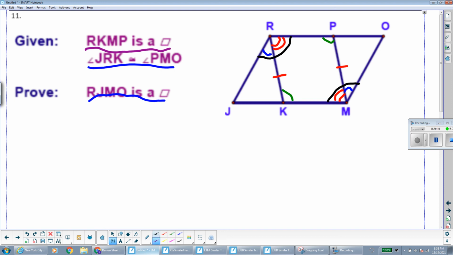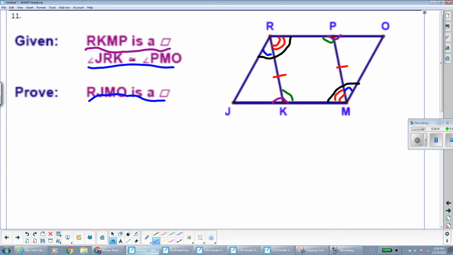I also know that this green angle here and the angle right next to it, angle RKJ, are supplementary to each other. Together they make 180 degrees, they form a straight angle. And I know over here that this green angle and the angle right next to it, the one inside the triangle, angle OPM, are supplementary to each other.